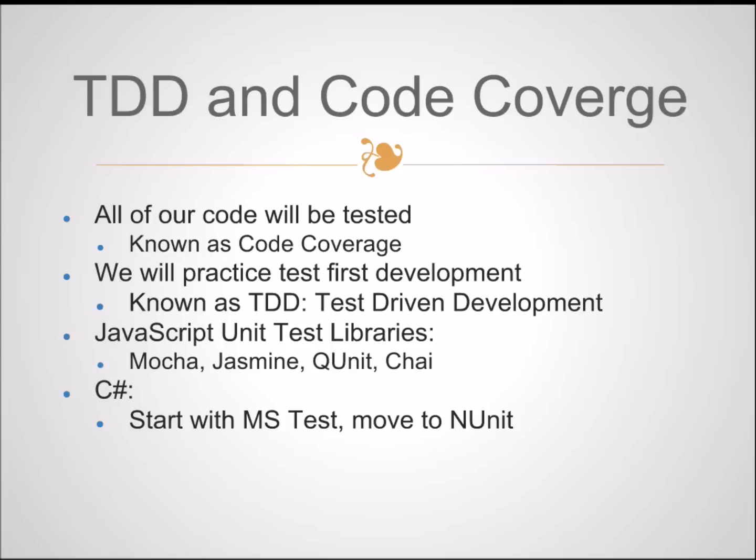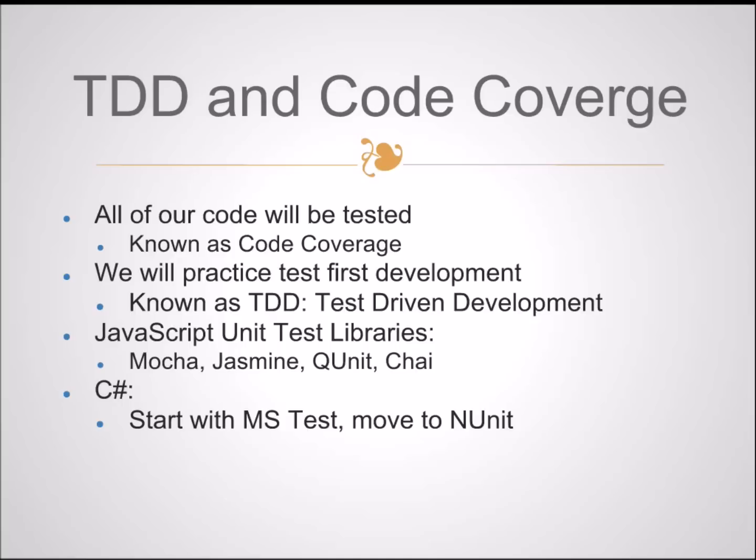In JavaScript, the libraries we use most commonly are Mocha, Jasmine, and QUnit, and they're all great libraries. I probably am right now using Mocha the most, but I've used Jasmine a lot. And QUnit's also a good library. Doesn't matter which one you use, they all get the job done. There's a library called Chai that I use quite a bit, which helps us to run tests on our code.